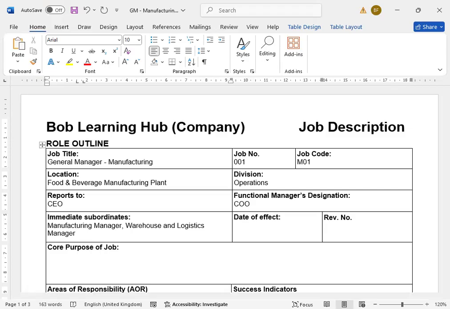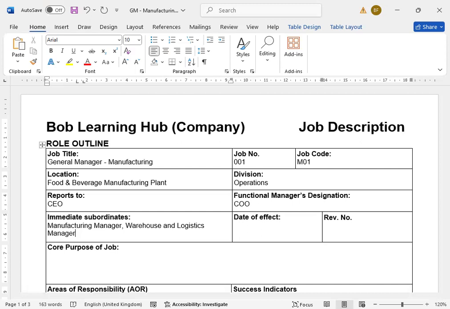You do not expect the CEO or even the COO to write a job description for the general manager, manufacturing, or the general manager manufacturing himself to write his own job description.